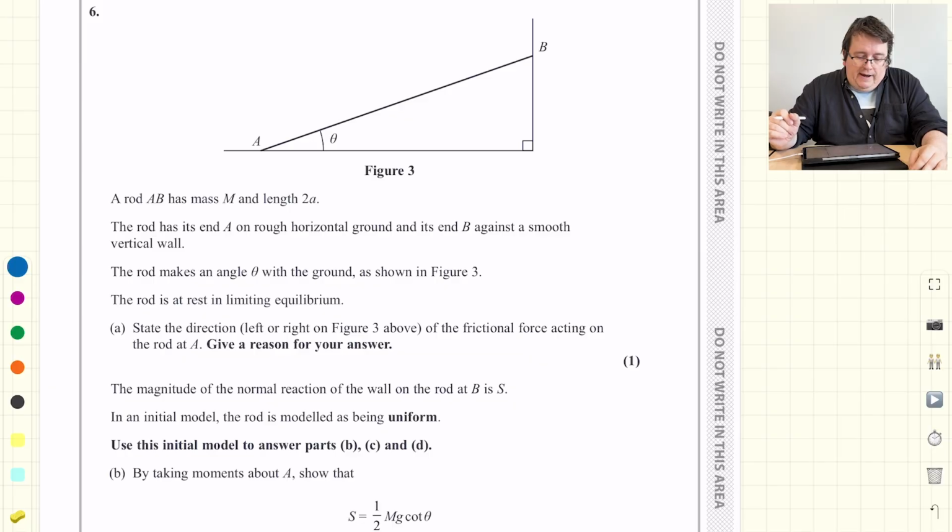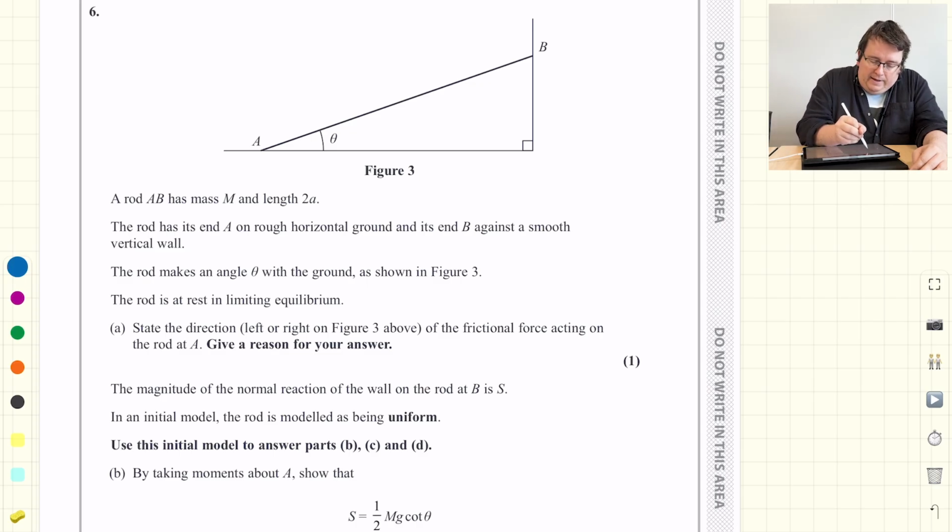So this is question number 6. A rod AB has mass m and length 2a. The rod has its end A on rough horizontal ground and its end B against a smooth vertical wall.